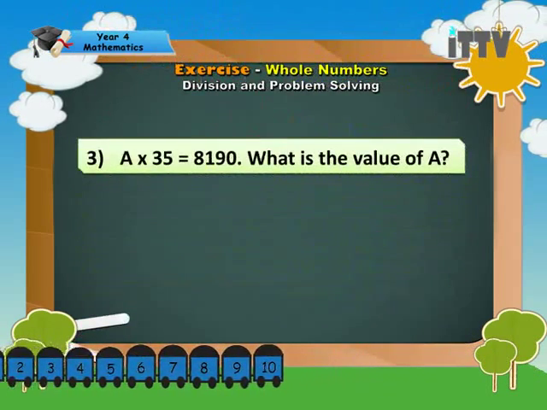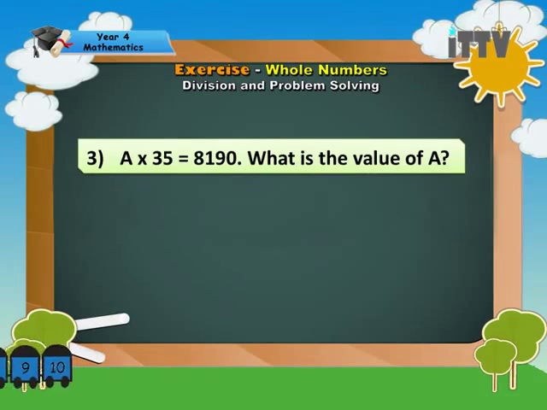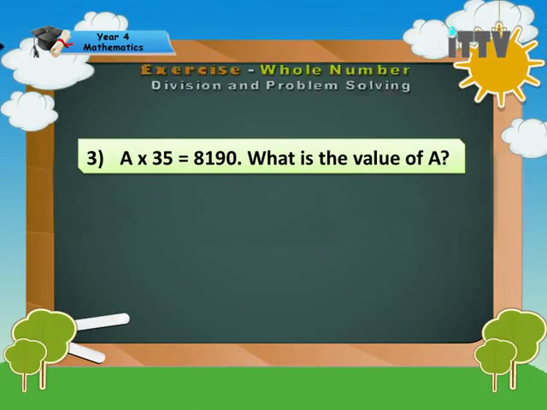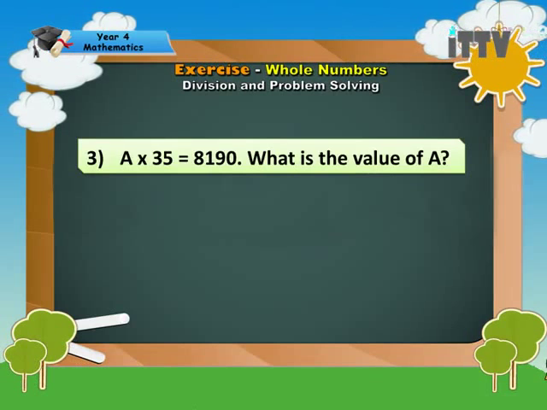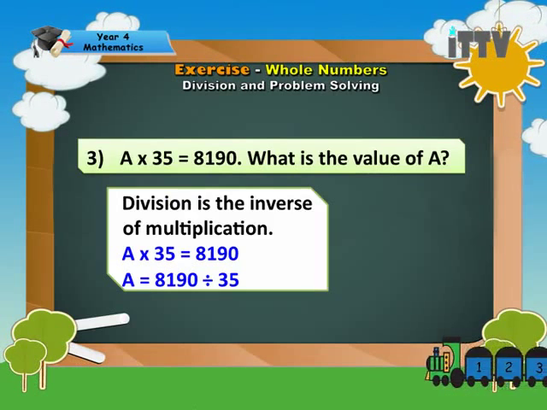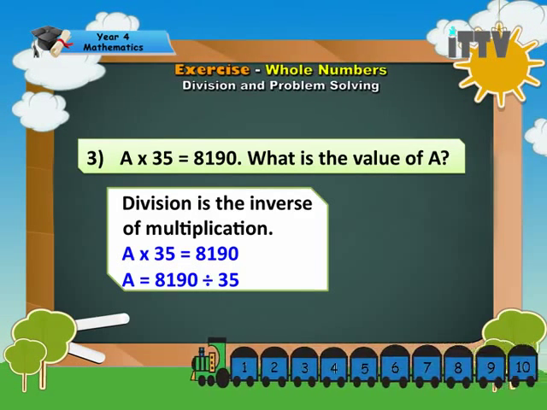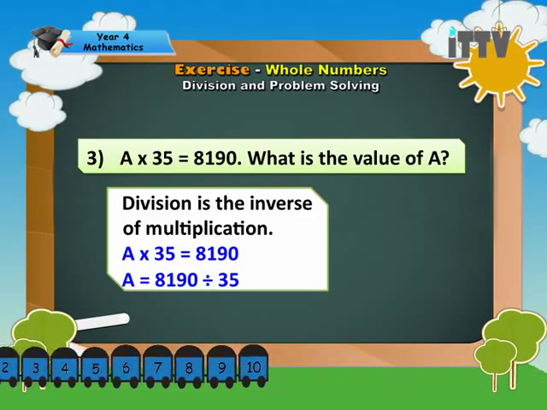Next question. A times 35 is 8,190. What is the value of A? For this, you have to remember that division is the inverse operation of multiplication.